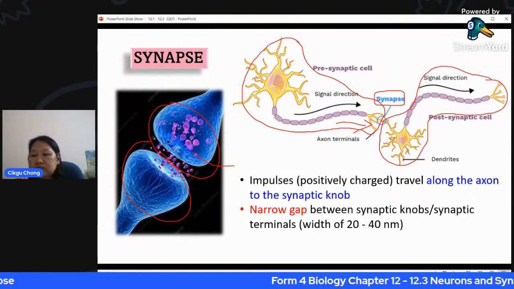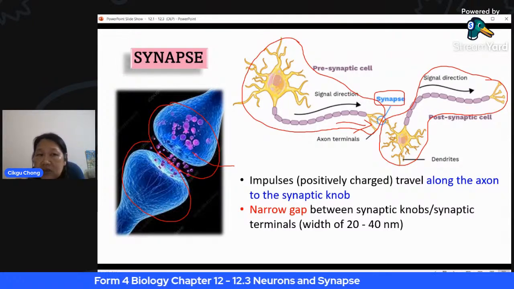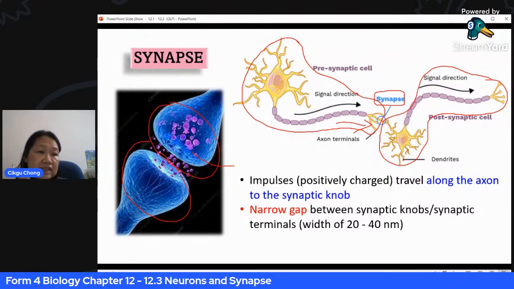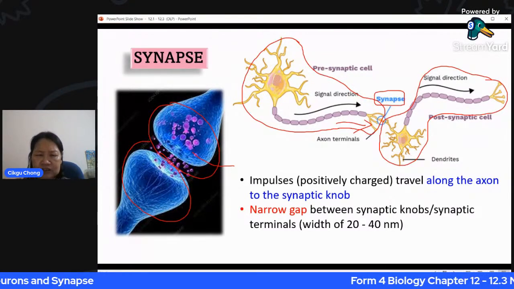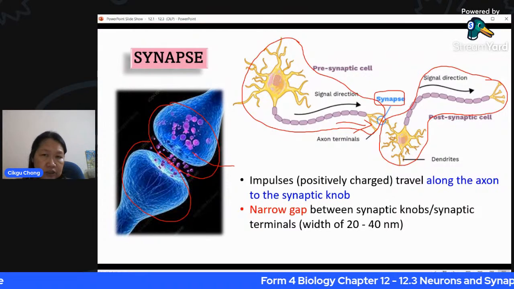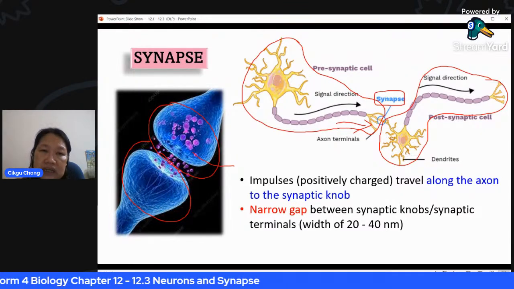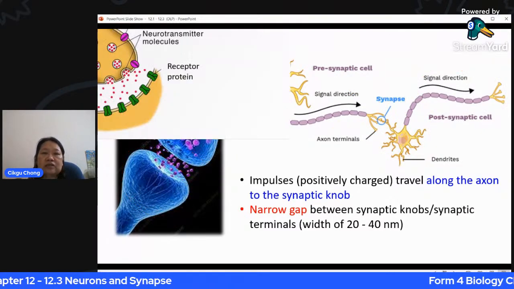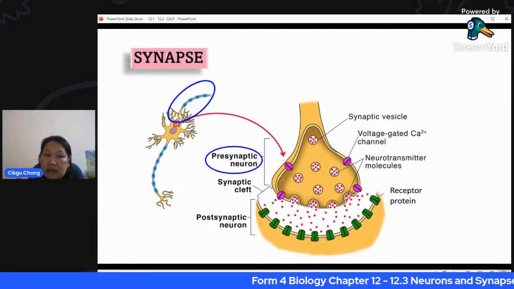The next thing we need to learn is how the impulse is passed through the synapse even though there's a gap. Does it mean the electrons can jump? We are going to learn how the impulse gets passed on to the postsynaptic knot. This diagram shows the pre and the post.